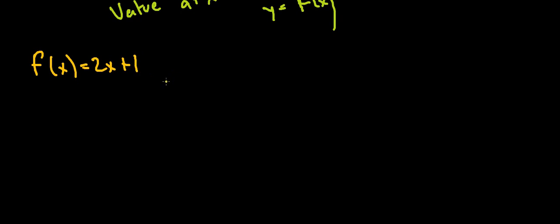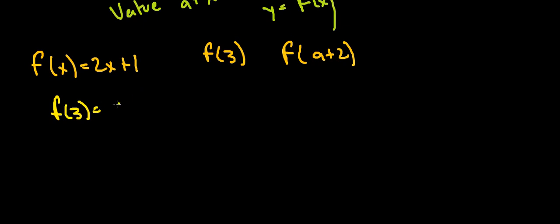I want to know what f of 3 is, and let's do something a little bit different: f of a plus 2. Let's do f of 3 first. f of 3 is equal to 2 times 3 plus 1. That gives me 6 plus 1, so f of 3 is equal to 7.